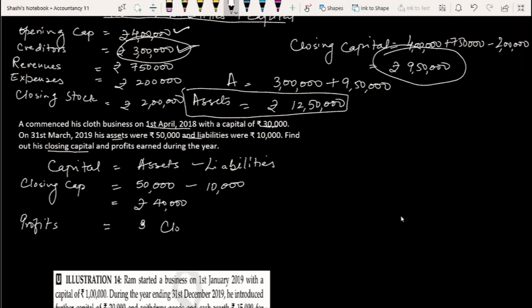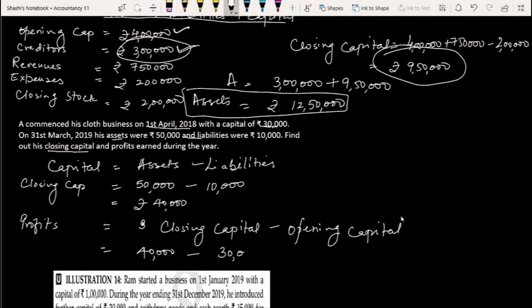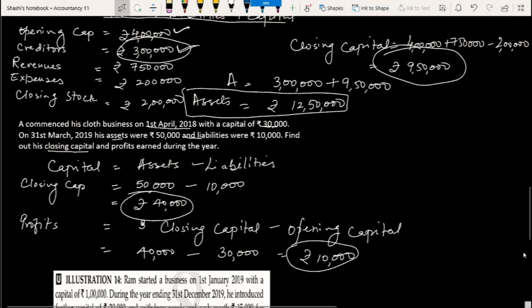The formula is closing capital minus opening capital. So 40,000 minus 30,000 gives a profit of 10,000. So we were asked to find the closing capital and the profits for the business.